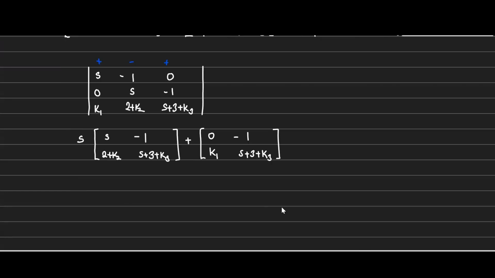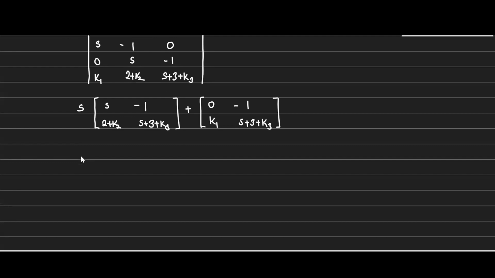So you simplify this. This S is multiplied by the determinant of this matrix: this multiplied by that. So S multiplied by S plus 3 plus K3 gives S squared plus 3 plus K3, since they're constant, multiplied by S. That's the product of these two.